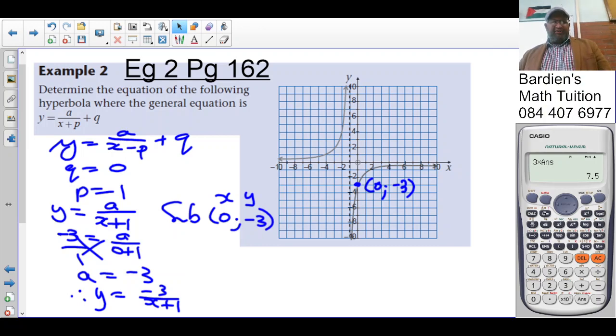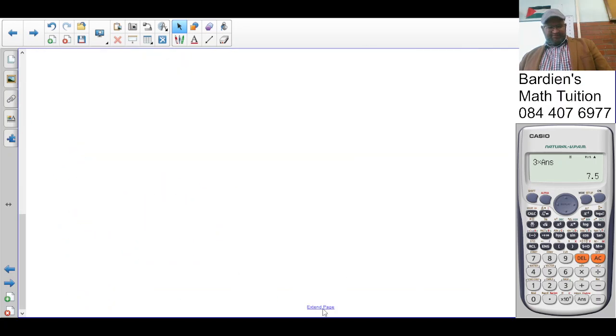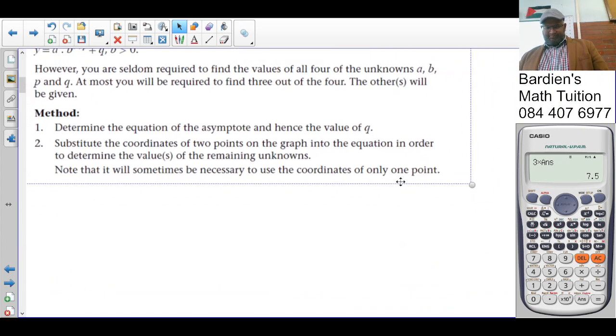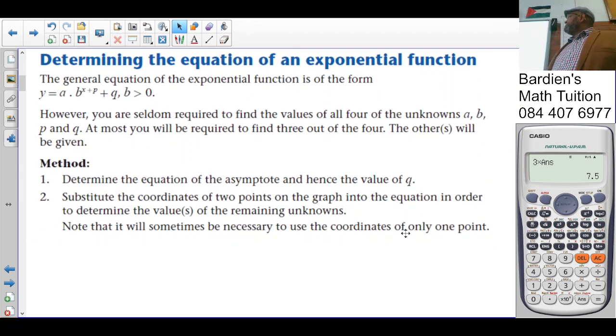It's a little note I want you guys to write down quickly. Determine the equation of the exponential function.